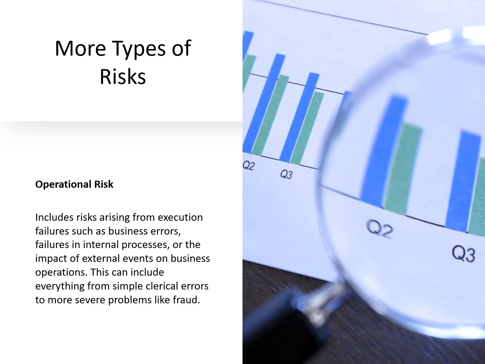Operational risks. This includes risks arising from execution failures, such as business errors, failures in internal processes, or the impact of external events on business operations. So this can include something as simple as clerical errors, where we are investing in a company and the company issued a set of financial statements.